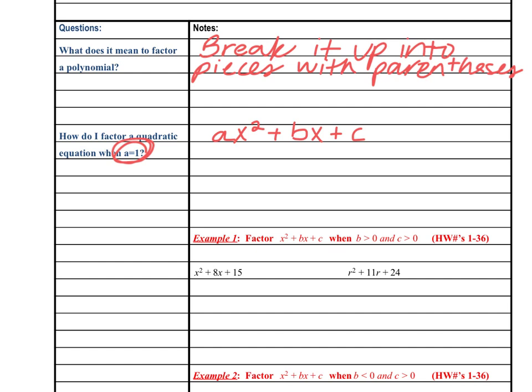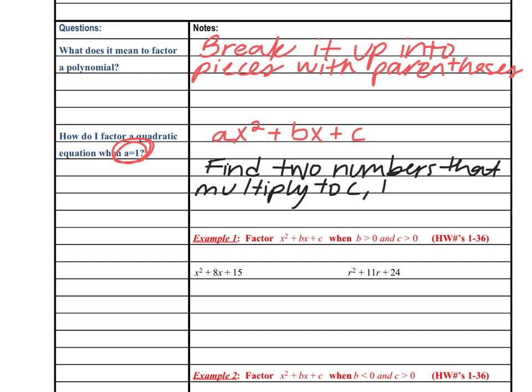Here's how we're going to factor today. Because a equals 1, what you need to do today is find two numbers that multiply to c, so whatever number's in that spot, but add to b.